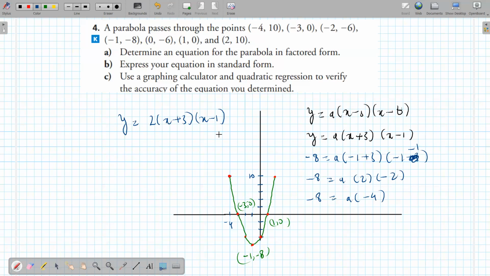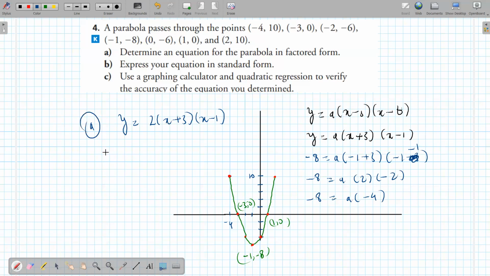Yes or no? It's opening up. It should be, so it makes sense. Yeah, you can verify if you've done it kind of right. If we got a negative a value, that means we know something's wrong with our model. All right, that's the answer to part A.